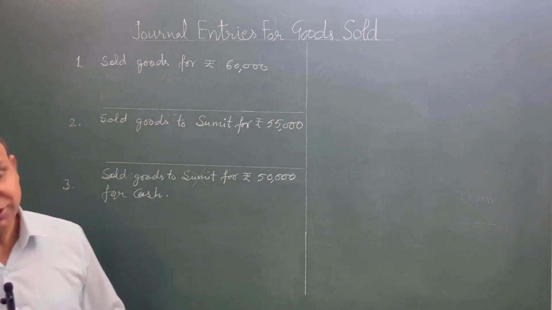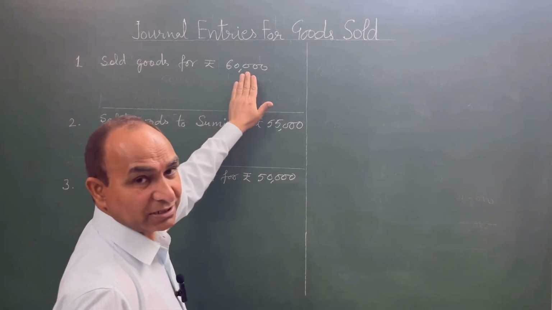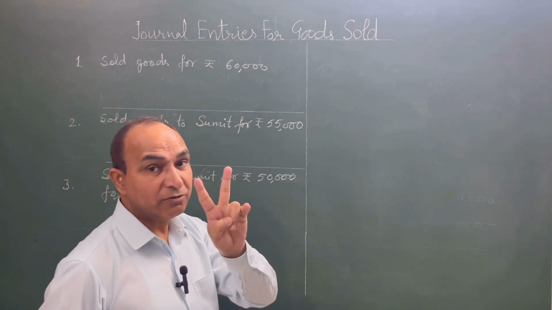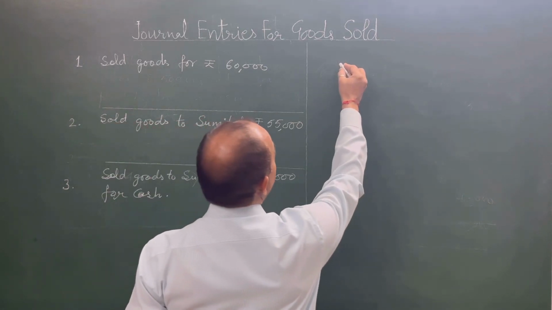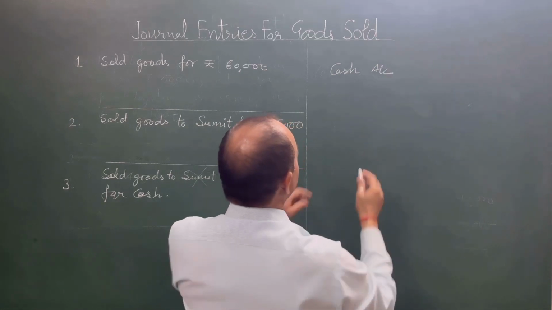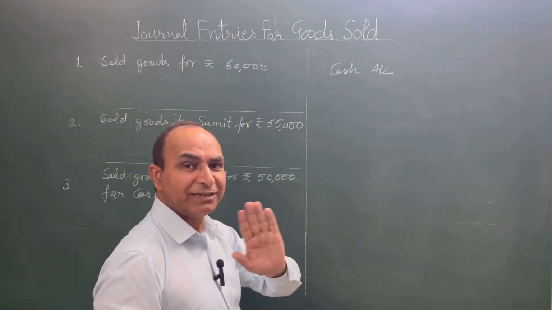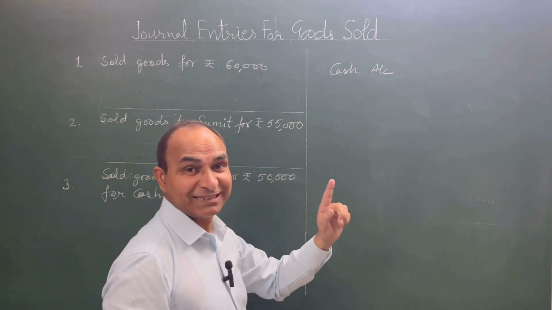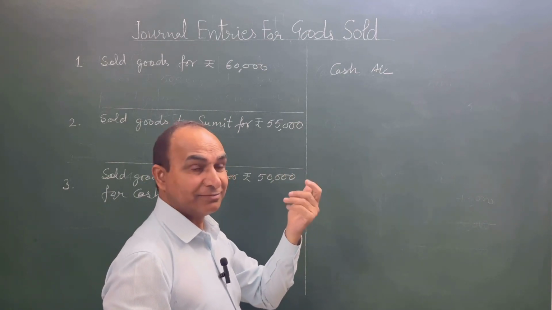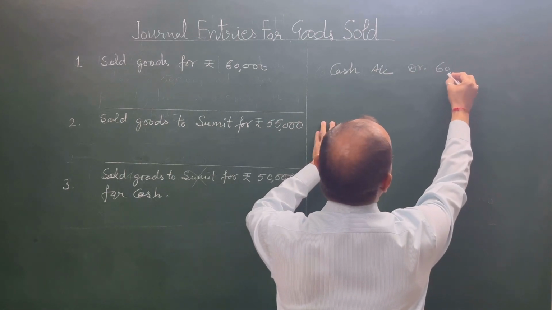The first transaction is sold goods for rupees 60,000. There are two accounts involved in this. One is cash account. Students, cash is coming in. Cash is a real account. Whenever cash comes in, you know that that is always debited, because it is a real account, debit what comes in. So cash account debit 60,000.